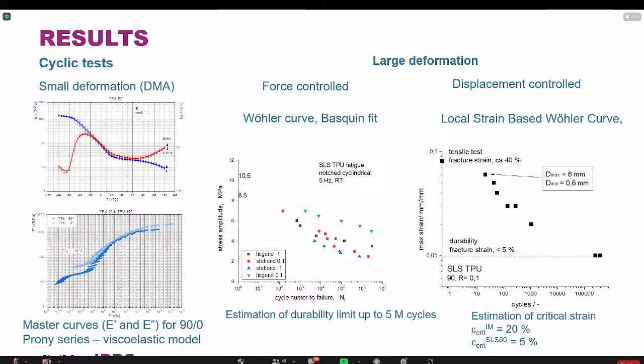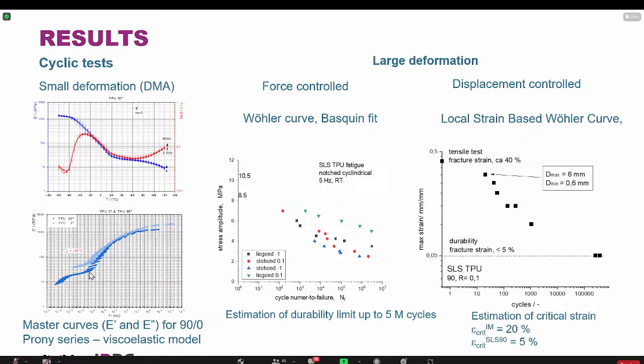In the cyclic loading, according to my opinion, we try to connect fatigue with viscoelasticity, and hence with these specimens we perform also dynamic mechanical analysis.